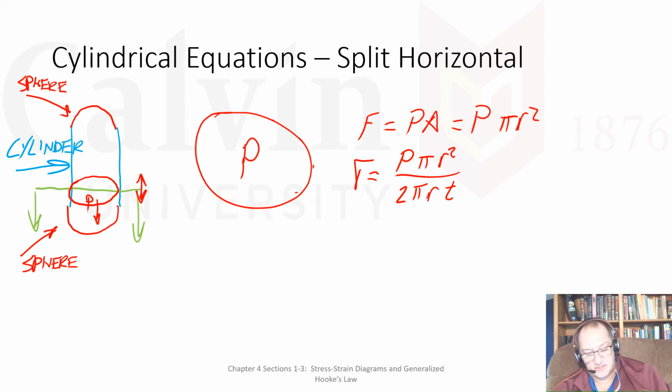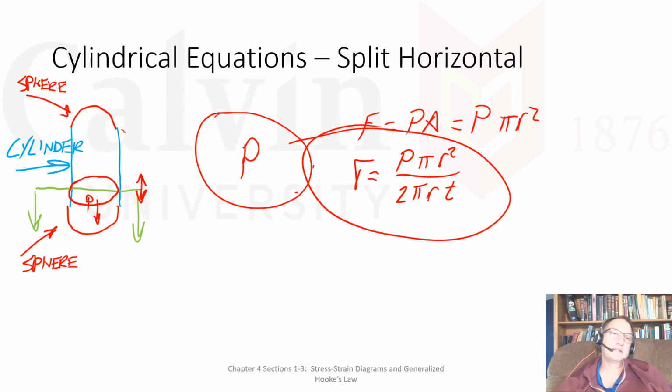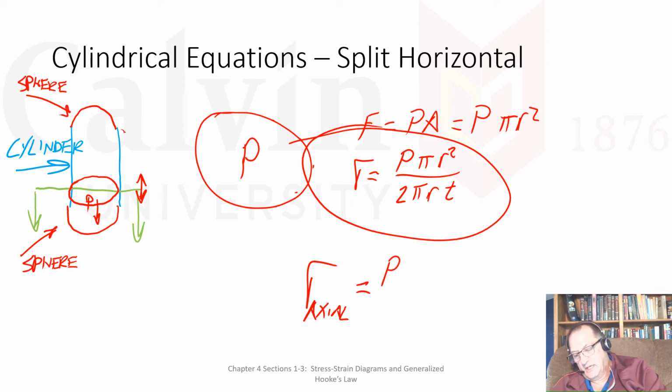I think you could see if I eliminated the cylindrical section and just put the two halves together, I'd be back to a sphere. This horizontal cut really doesn't tell us anything interesting at all, but I use it to get back to the same place where we were. An equation that my axial stress in a thin wall pressure vessel is equal to PR over 2T. Let's keep going.